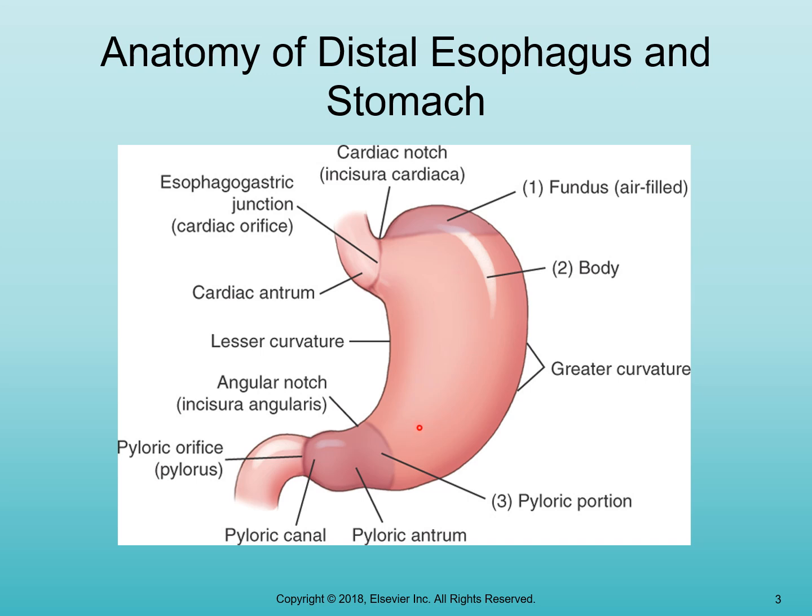Then you've got the body of the stomach, and the pylorus. The fundus, the body, and the pylorus are the 3 main sections of the stomach, and that leads into the first section of the small intestine, which is the duodenum.